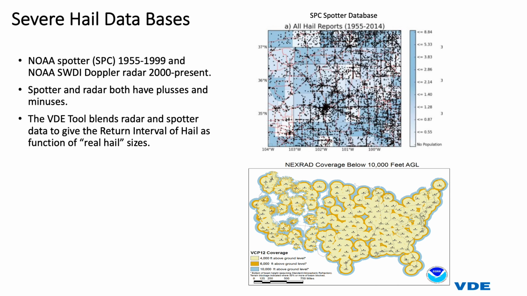The databases variously go back to 2000, and even in the case of the spotter database to the mid-50s. We can provide mean and PDFs of sizes of naturally occurring hail and can provide values across different geographies, more local and more distant, both mean values and probability distribution function values.